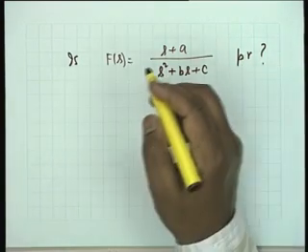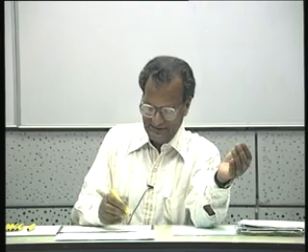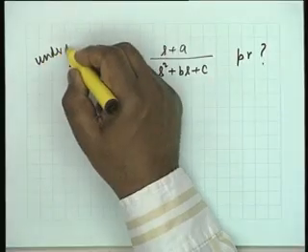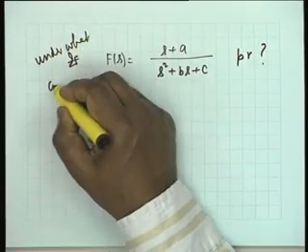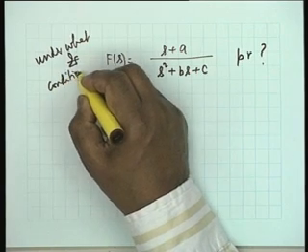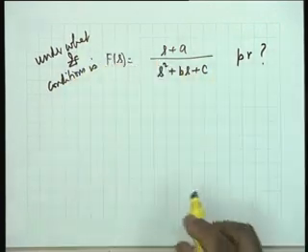Or let us say what are the conditions? I think that is a better way. Under what conditions is this function f of s PR?